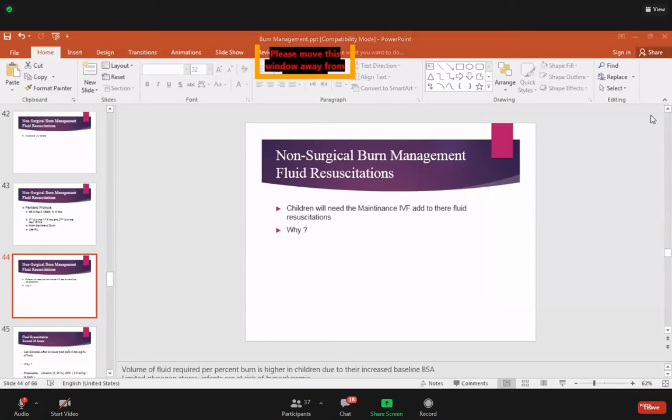And for the colloids, the formula is 2 ml instead of 4: 2 ml per kg body weight per total body surface area burnt. It is the same.